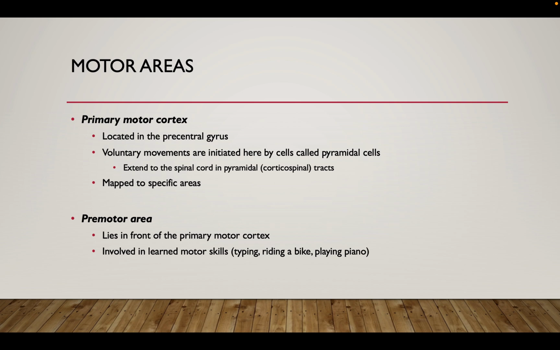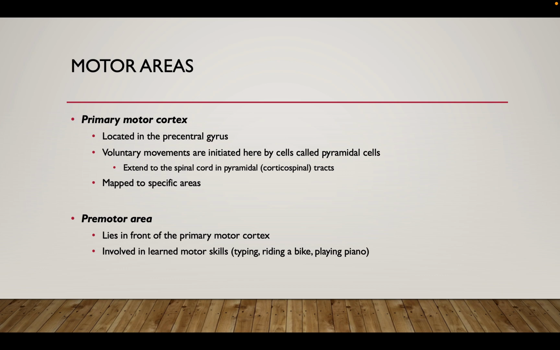It would travel down the spinal cord in a very specific white matter tract in that spinal cord, and then leave via a spinal nerve, which is part of our peripheral nervous system, and go out to the muscles of your forearm and hand that allow you to pick up a pencil and move it and write notes down. Okay, so that's the primary motor cortex located in that precentral gyrus.